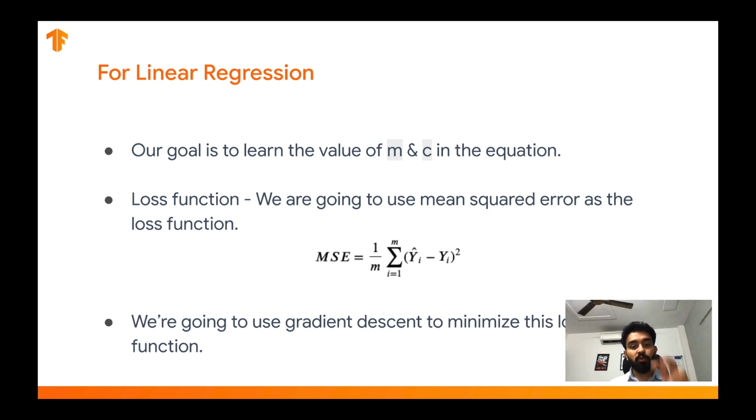Now this is basically a convex function, and our target here is to minimize this loss function, and we'll do it again and again until we get to a point where we get the best possible values for m and c. This loss function is written in terms of m and c.